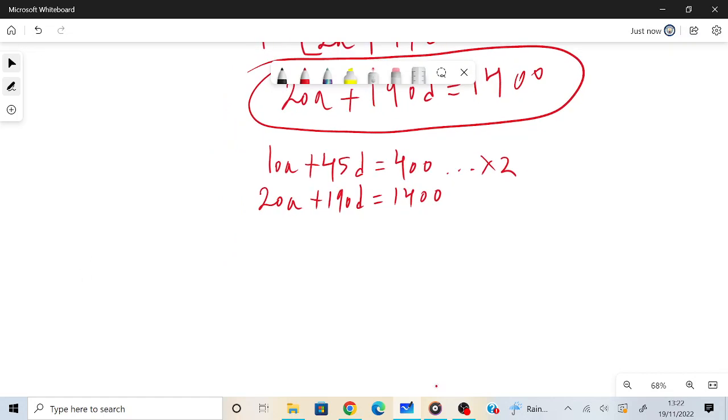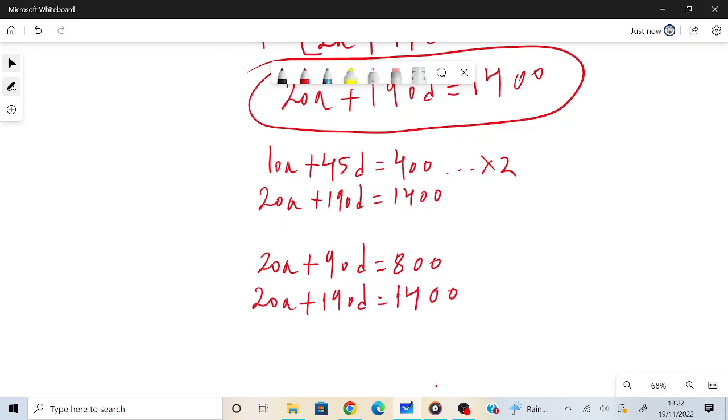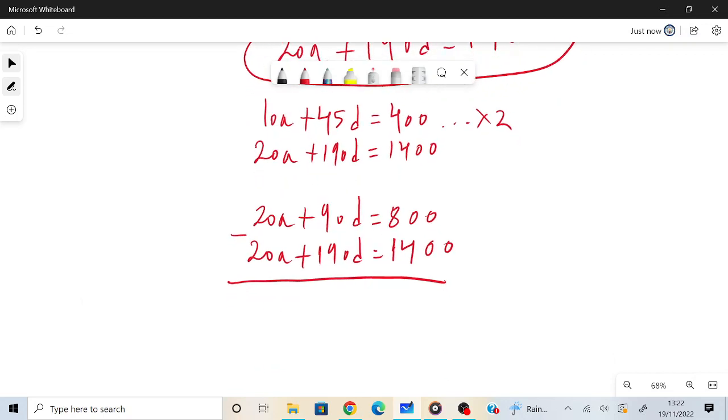Timesing that by 2, I have 20a plus 90d equal 800, and then the second one, obviously, 20a plus 190d equals 1400. Upon subtraction, this would cancel out, obviously no more a. 90 minus 190 is minus 100d equals 800 minus 1400, which should be minus 600.